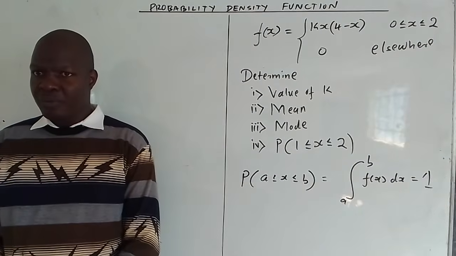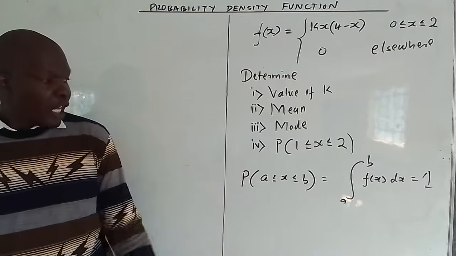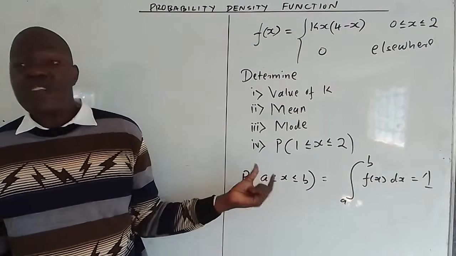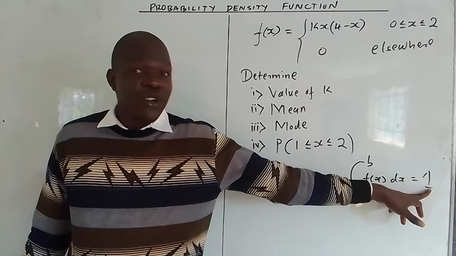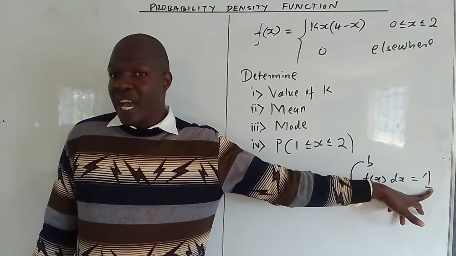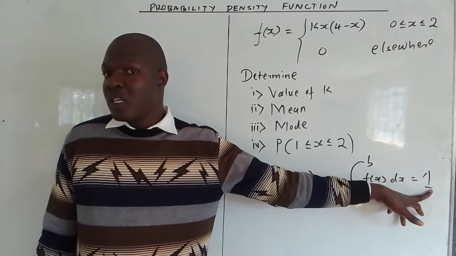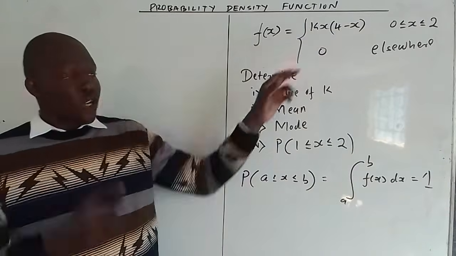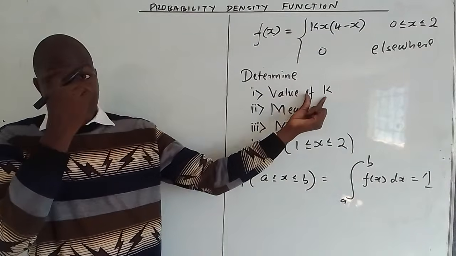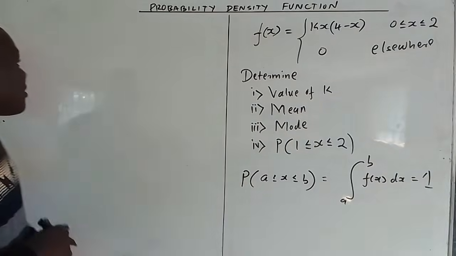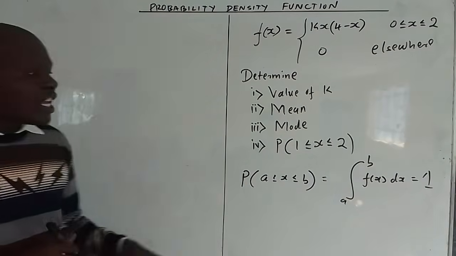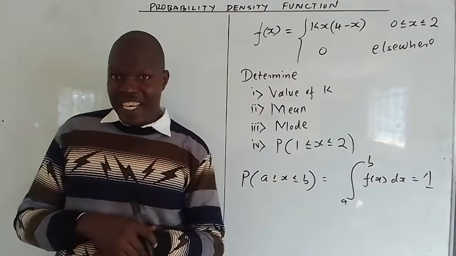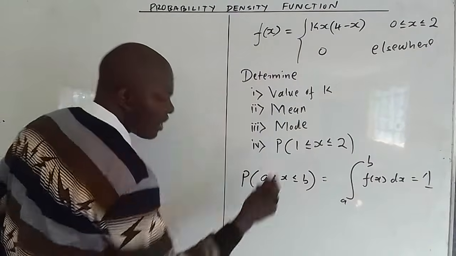If you integrate a probability density function over the whole range you've been given, you get the whole range of a probability measure. And the whole range of a probability measure is 1. So what does it imply? In this question, you've been told to determine the value of k. For that, you simply need to integrate f of x over the whole range. So what is f of x?